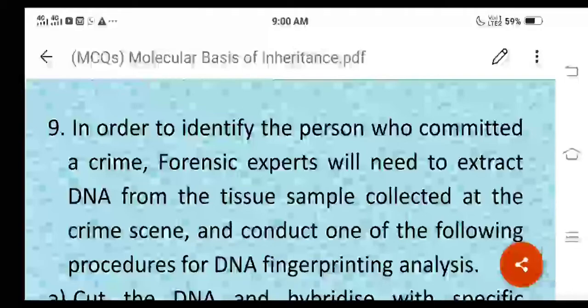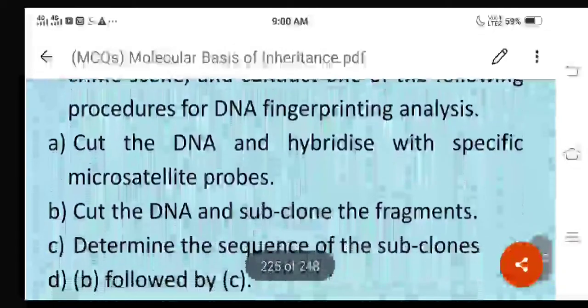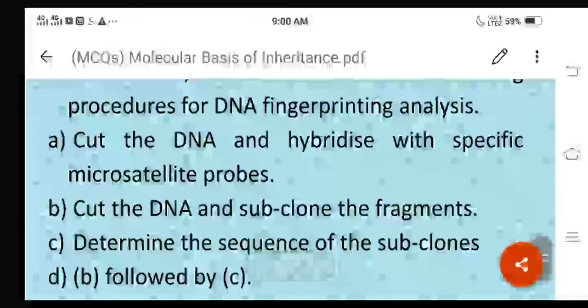In order to identify the person who committed a crime, forensic experts will need to extract DNA from the tissue sample collected at the crime scene and conduct one of the following procedures for DNA fingerprinting analysis. What are the different options here? Cut the DNA and hybridize with specific microsatellite probes.